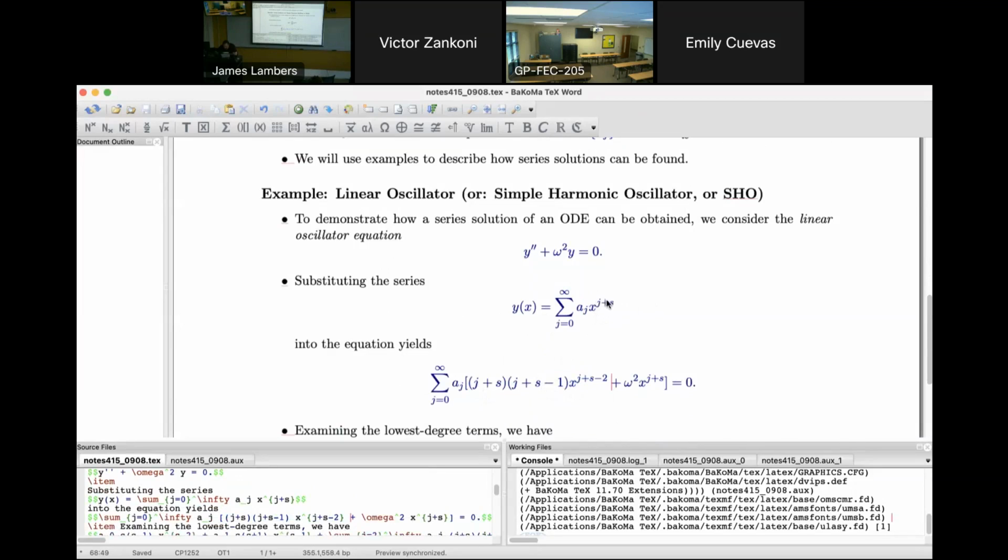So you take that exponent, j plus s minus 1, pull it back down, and you subtract 1 from the exponent again. So this right here is that second derivative. And then you have plus omega squared times just plain old y, so that's where this x to the j plus s comes from. And then the whole thing is equal to 0.